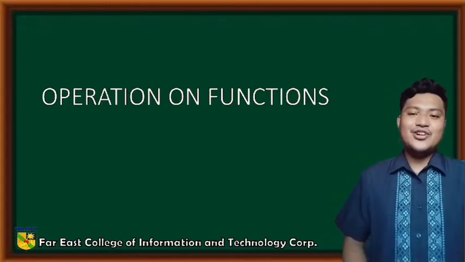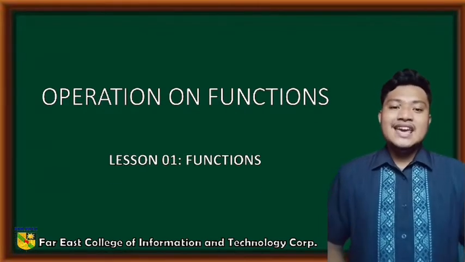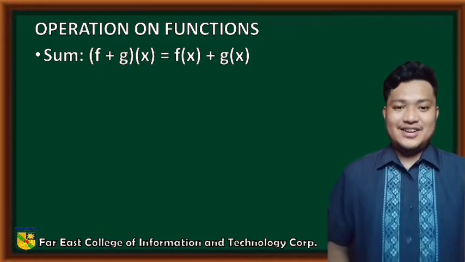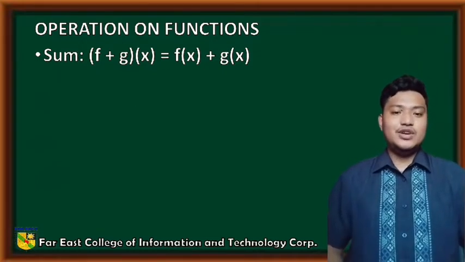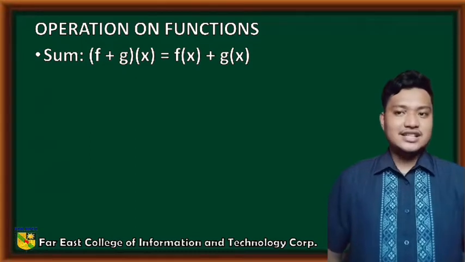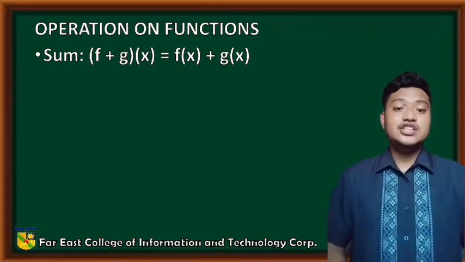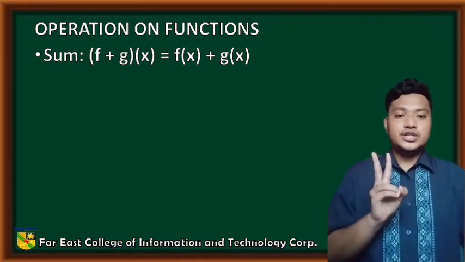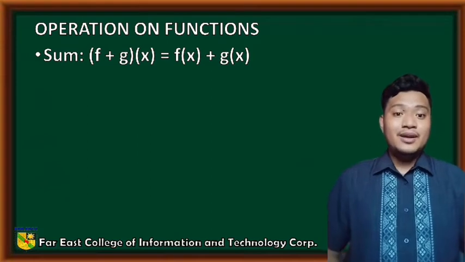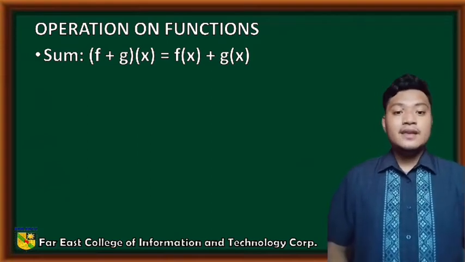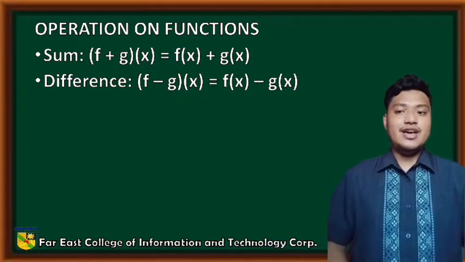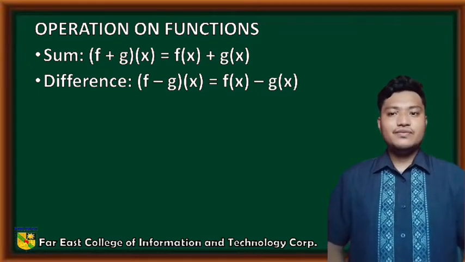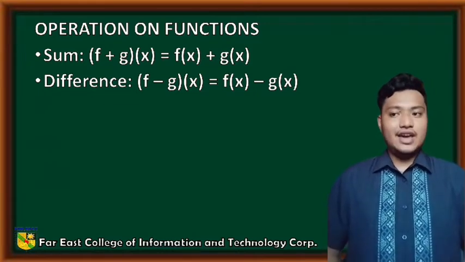Next is the operation on functions. In the operation of functions, we perform the addition or the sum, which is f plus g of x is equal to f of x plus g of x. So meaning, we have two function equations. We need to perform addition or subtraction, which is the difference. f minus g of x is equal to f of x minus g of x.